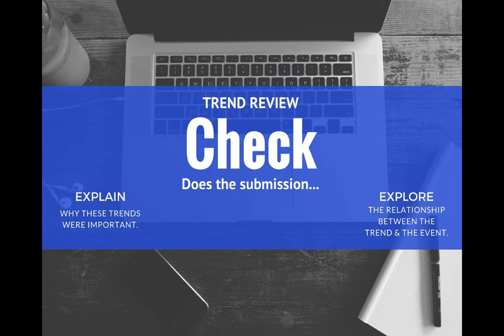Once you begin to identify trends, you're seeing patterns, begin to write. And as you write, make certain that you are doing these 2 things. You should be explaining why these trends were important, and you should be exploring the relationship between the trend and the event. Remember again, trends set the scene.